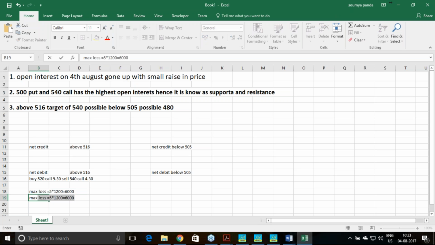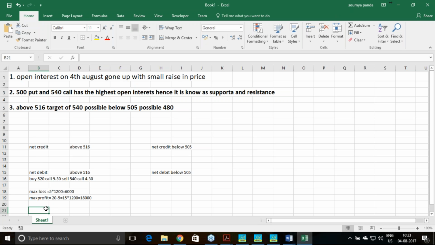And max profit, between the strikes it is 20 points, so 20 minus 5, that is 15 into 1200, so 18,000. So these are the numbers we have taken.